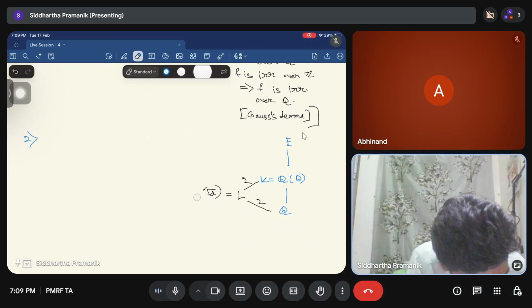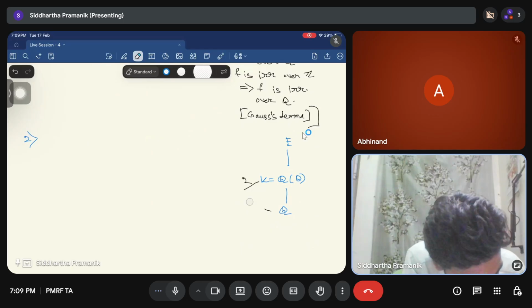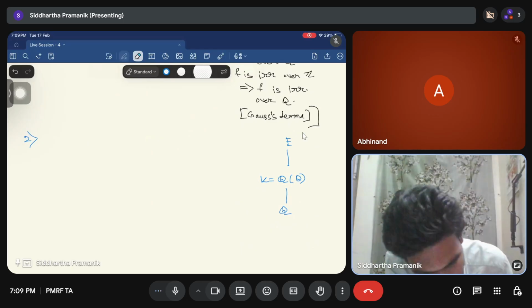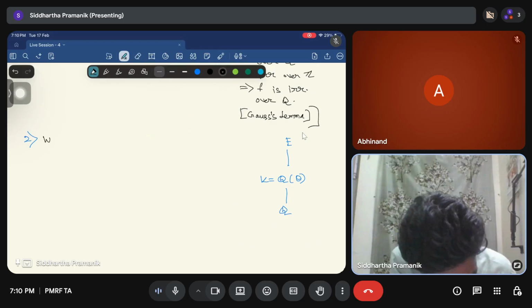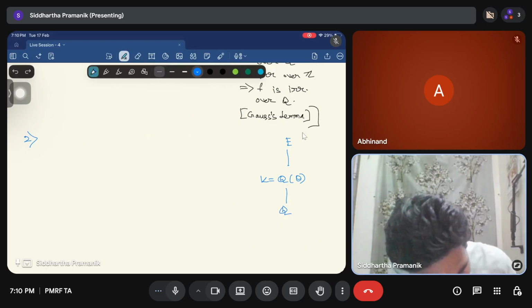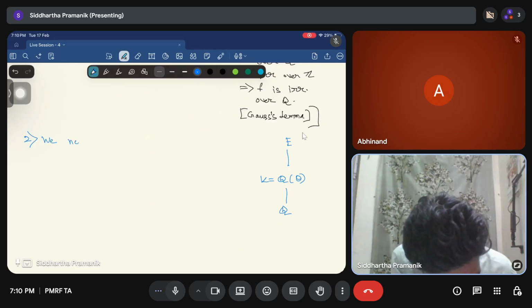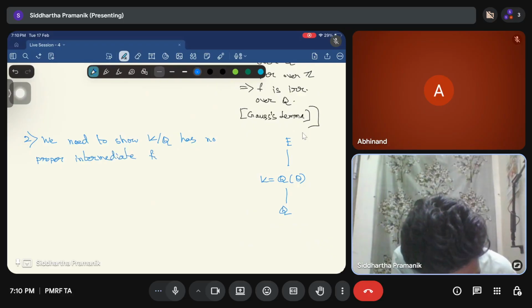So let's do this. We need to show K over Q has no proper intermediate field. So we have to show this.